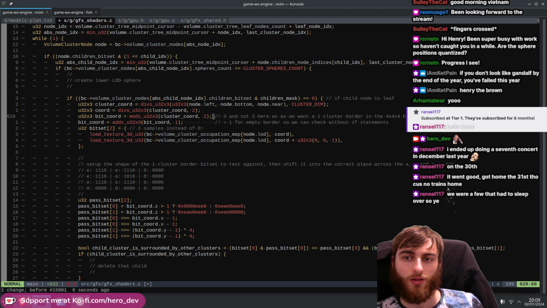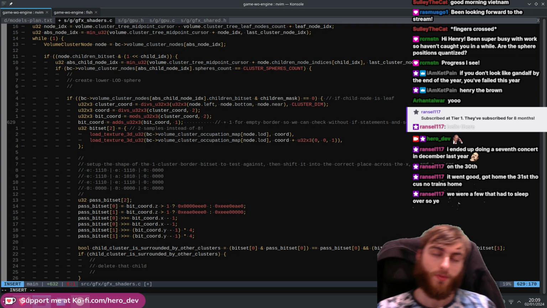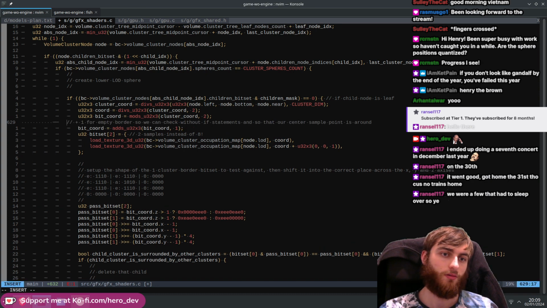Add 1, so that our center sample point is sort of like around... I need to put this in a better place.